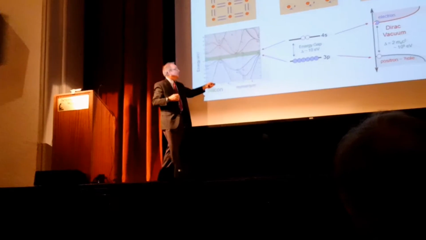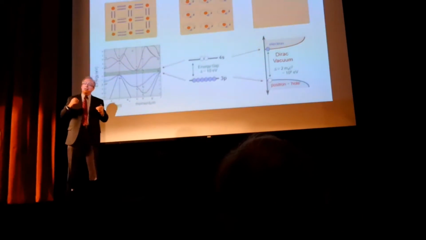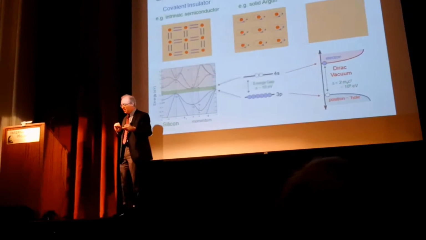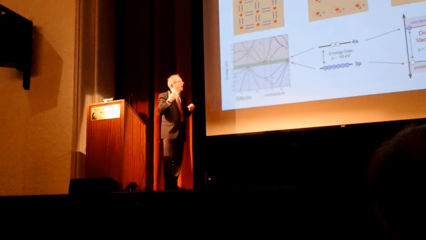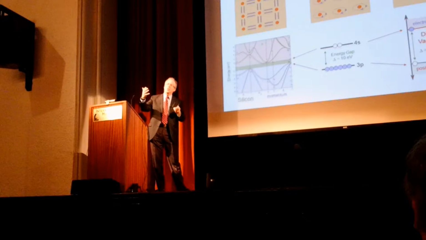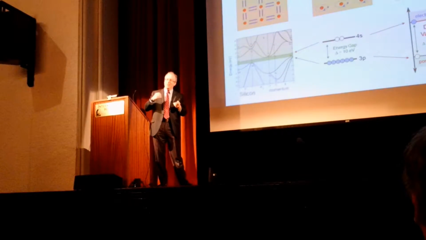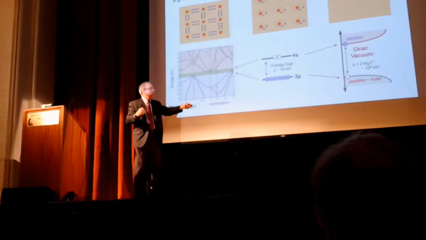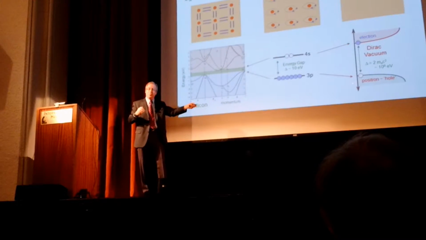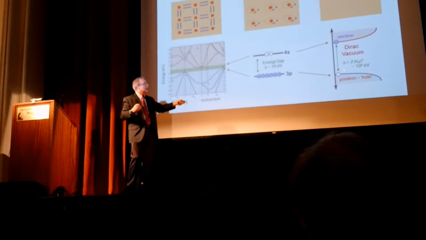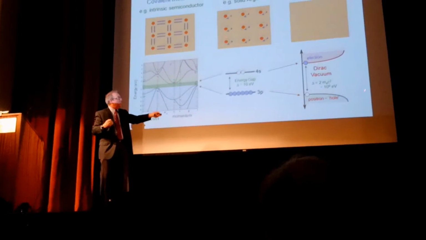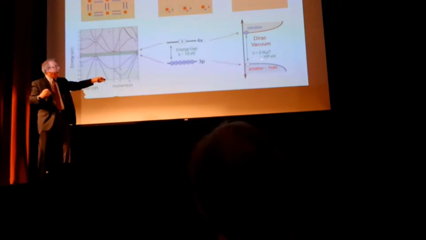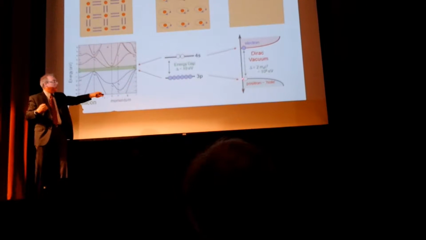Now, the vacuum isn't as empty as you might first have thought. If you think in terms of relativistic quantum mechanics, Dirac's theory, then the vacuum has a valence band too. The valence band for the particles in the vacuum defines the antiparticle of an electron, which is the positron.